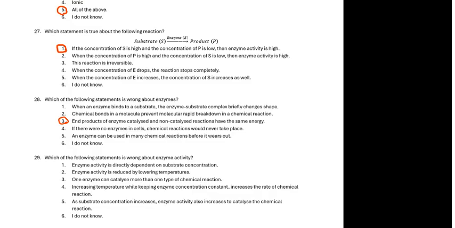So let's go to the third one. One enzyme can catalyze more than one type of chemical reaction, which is true. Increasing temperature while keeping enzyme concentration constant increases the rate of chemical reaction. What about 5? Substrate concentration increases, enzyme activity also increases to catalyze the chemical reaction. Yeah, so this is true as well.